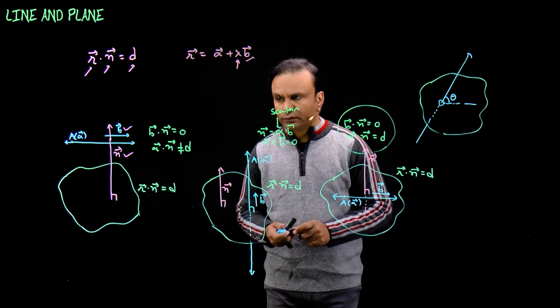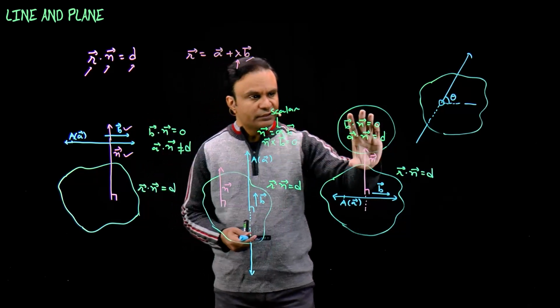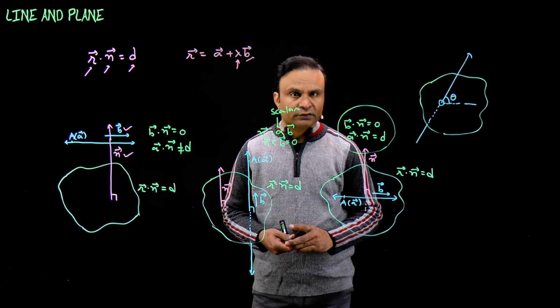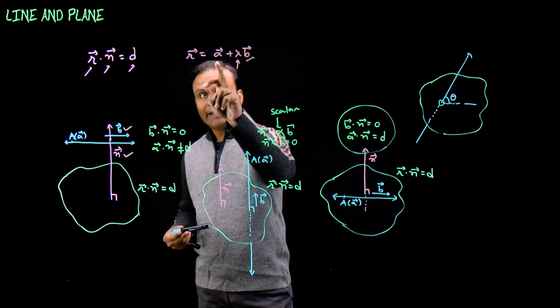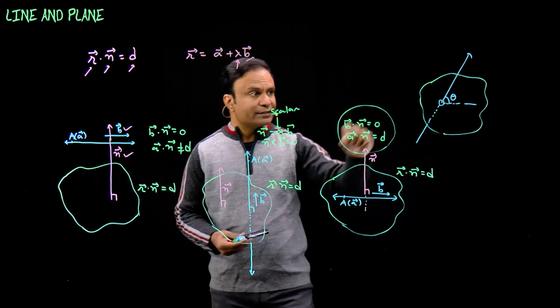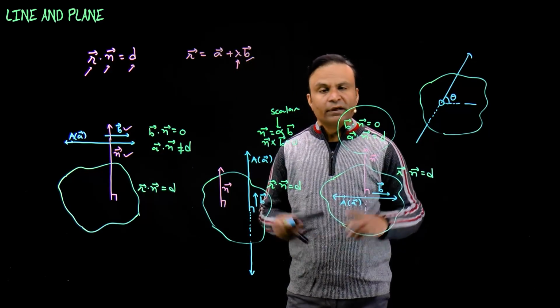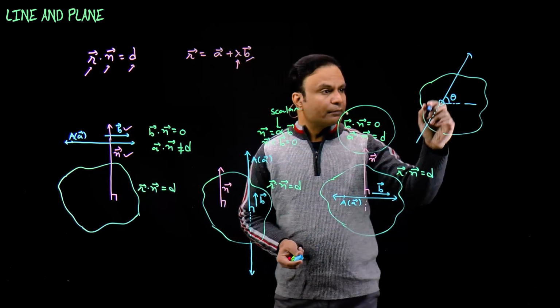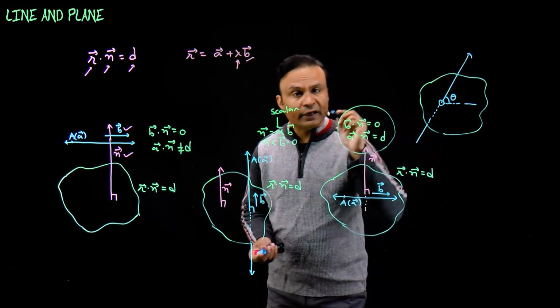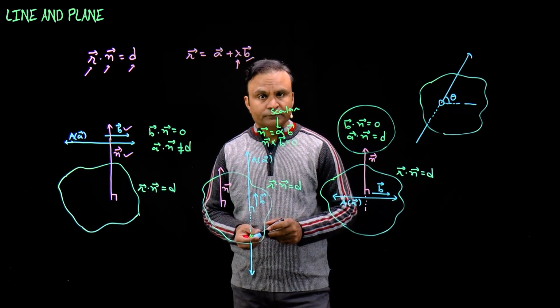In this case, none of these conditions will be satisfied. It may happen that the point A of the line is lying on the plane, but apart from that, none of these conditions will be satisfied by this positioning of line and plane.